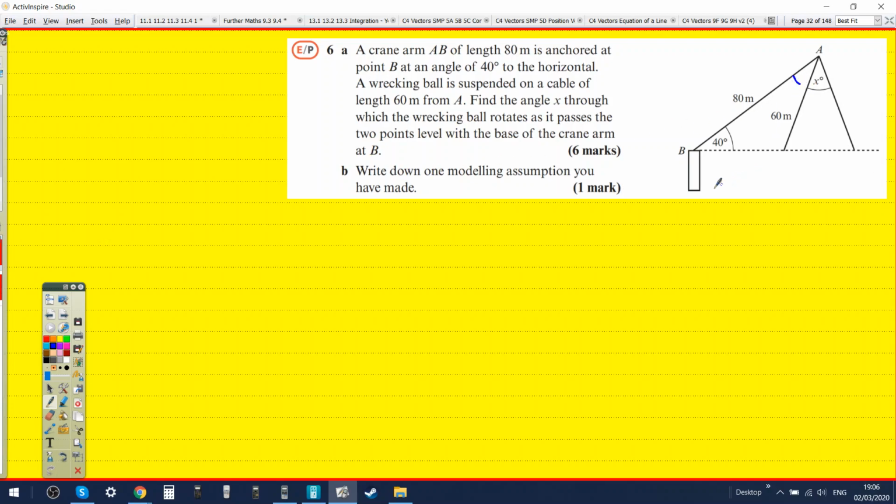So how would you find that angle? Would that be sine 40 over 60 equals sine, I don't know, whatever, over 80?